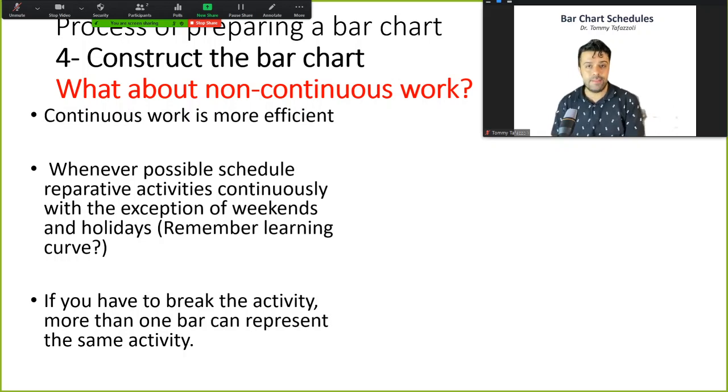You are taking advantage of the learning curve when you do repetitive activities together, and trust me, it matters hugely. It could have a significant impact on how faster or slower you could get a job done. So always try to schedule repetitive activities in a row.